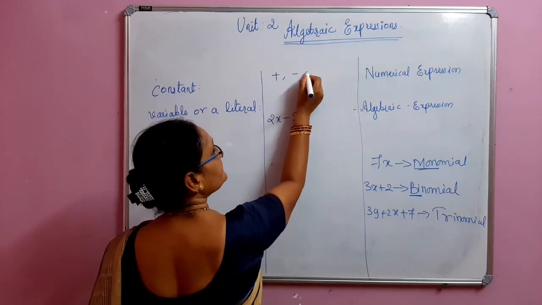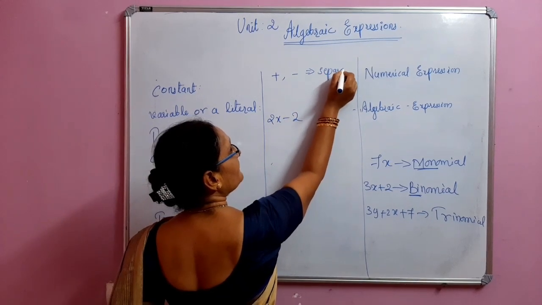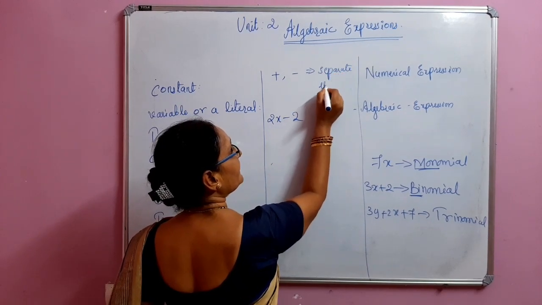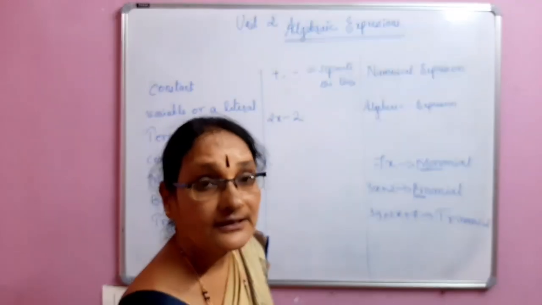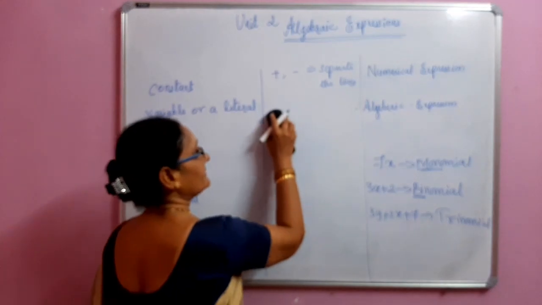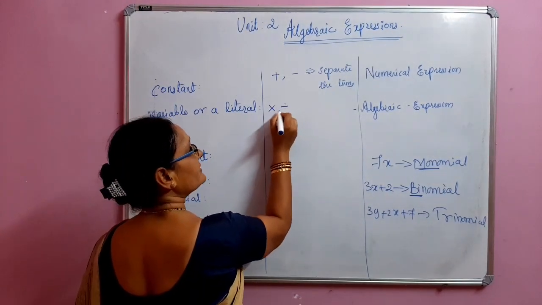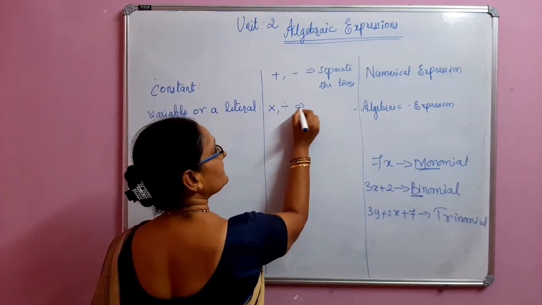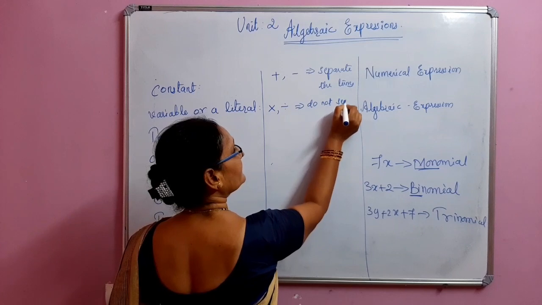One more very important thing, you have to keep it in mind. Plus and minus separate the terms. Always plus and minus separate the terms. Whereas multiplication and division do not separate the terms.